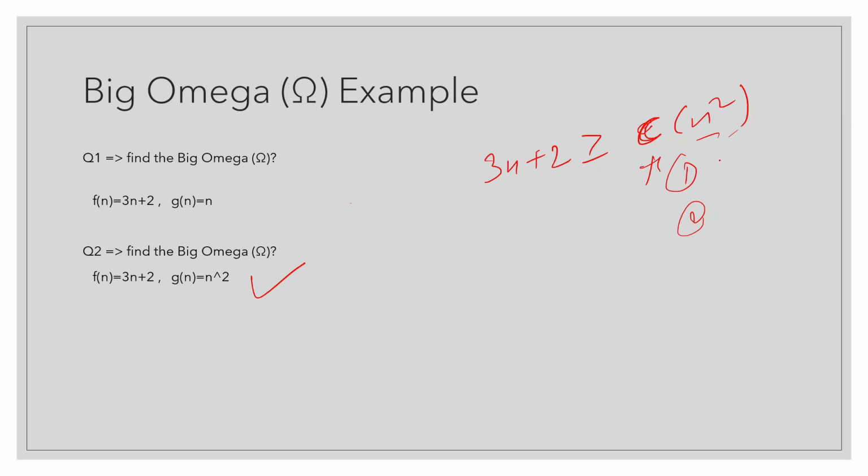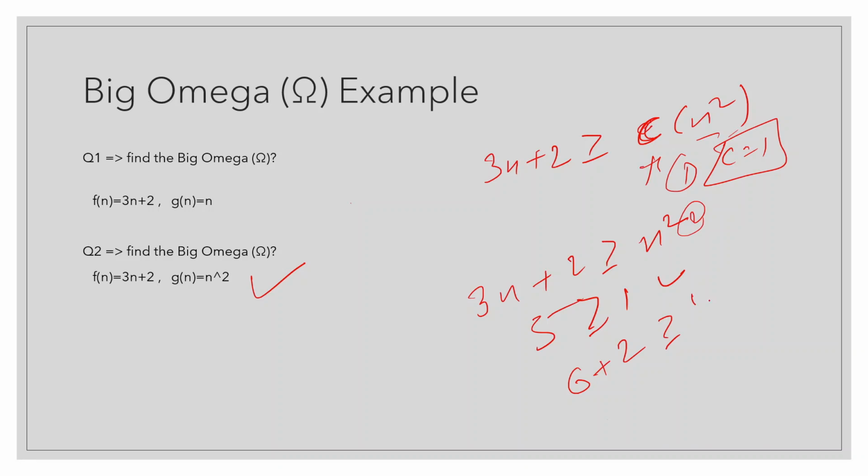Now put values for n and see if it is satisfied or not. If we put 1, then 5 is greater than 1, yes, it's satisfied. Now we put 2, 6 plus 2 is 8, greater than 4, yes. For n is equal to 2 it is also satisfied, and n is equal to 1 is satisfied.